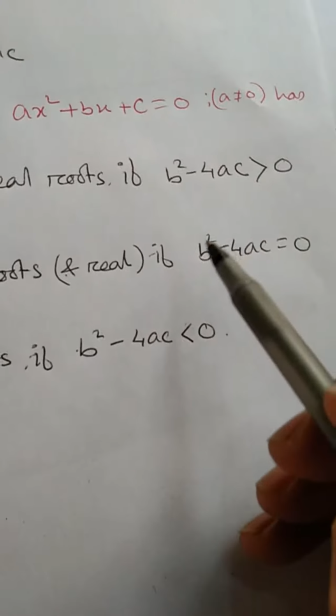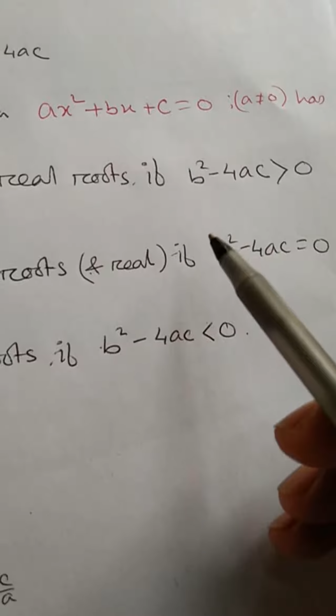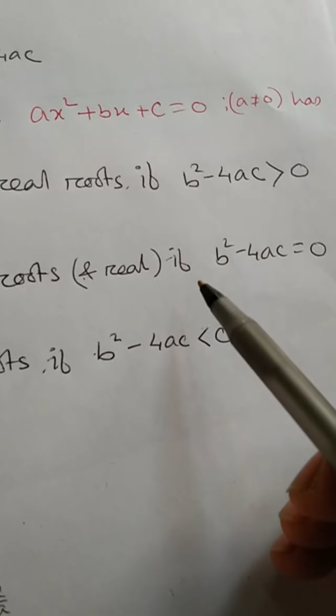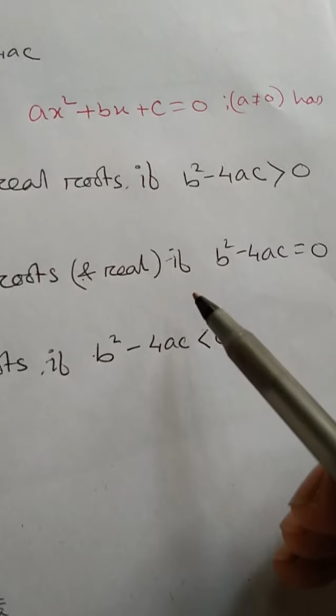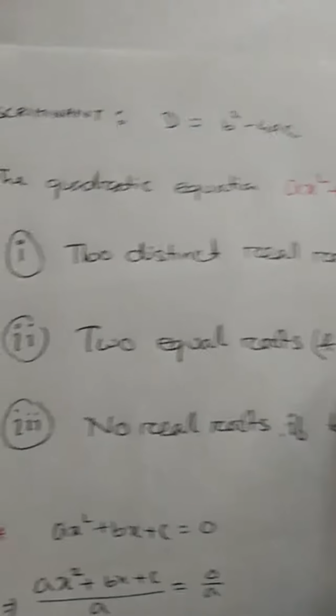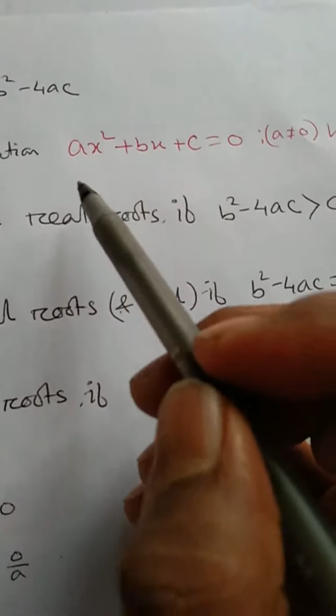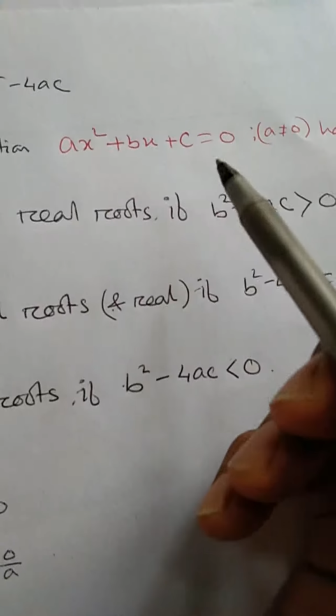So these are the conditions by which we can tell about the nature of roots of a quadratic equation, which is known as the discriminant of the quadratic equation ax square plus bx plus c equal to 0.